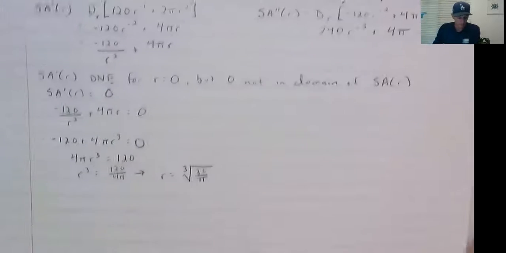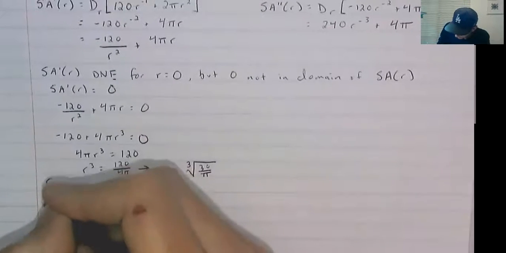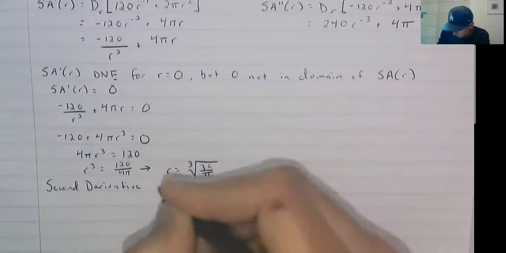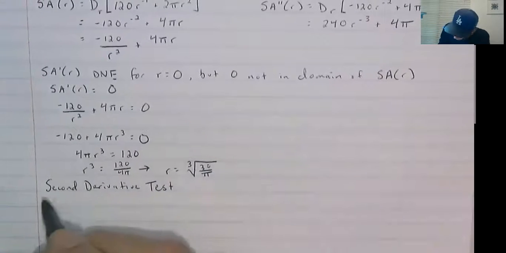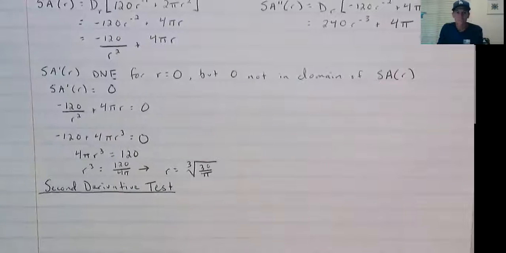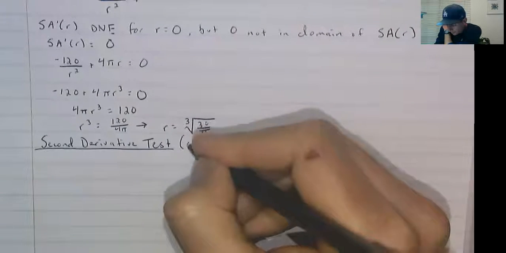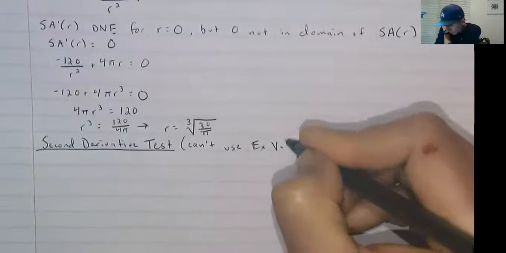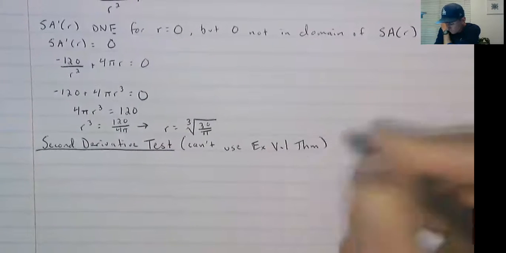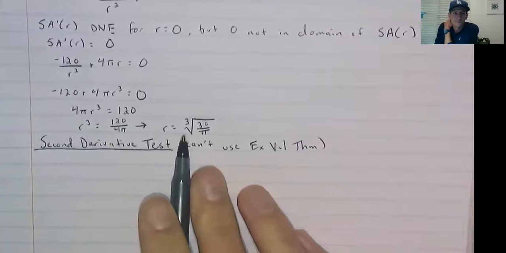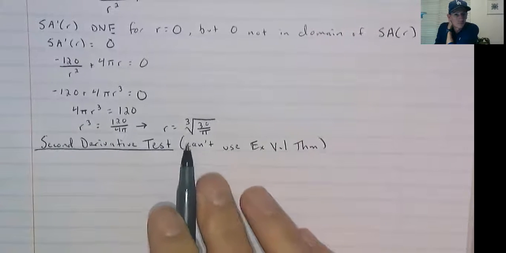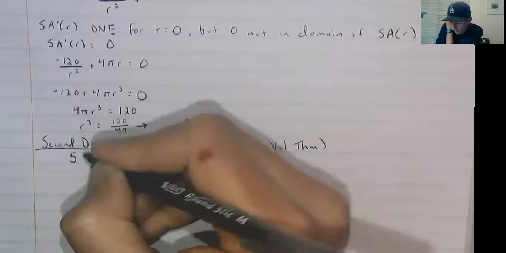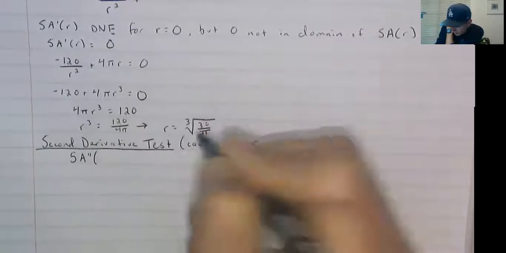If we use the second derivative test, because we can't use the extreme value theorem, to check what kind of extremum we have at cube root of 30 divided by pi. So we'll see what is the value, the positivity or the negativity of our second derivative at this R value.